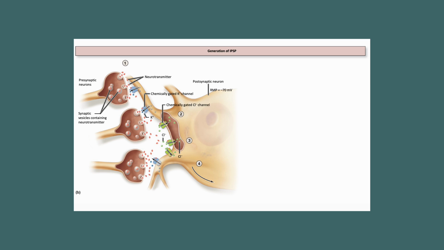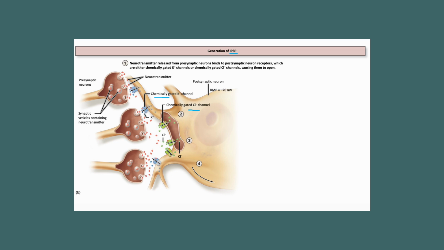In contrast to our excitatory postsynaptic potentials, or EPSPs, we have these IPSPs, these inhibitory postsynaptic potentials, right? And they can be caused by two different chemically gated channels. Those include our chemically gated potassium channel and our chemically gated chloride channel.